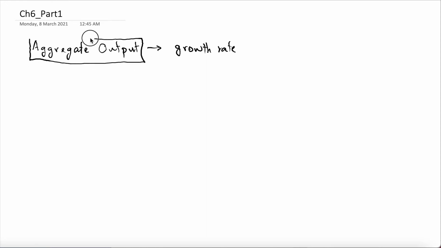Aggregate output. And then it helps us to measure its growth rate. Okay, its growth rate. But we need to have a measure for aggregate output before we can calculate its growth.